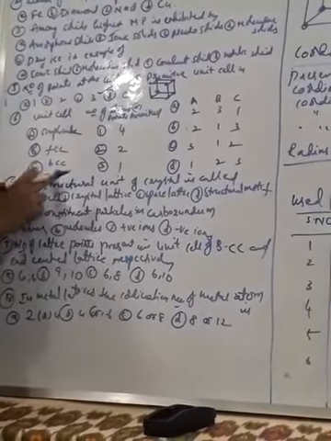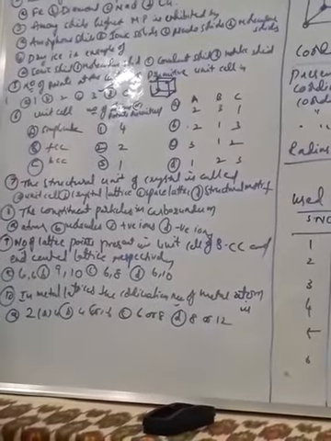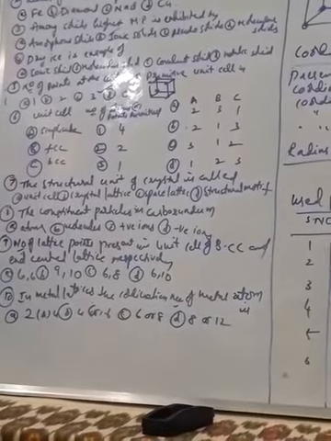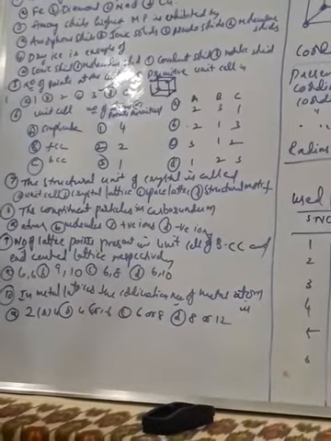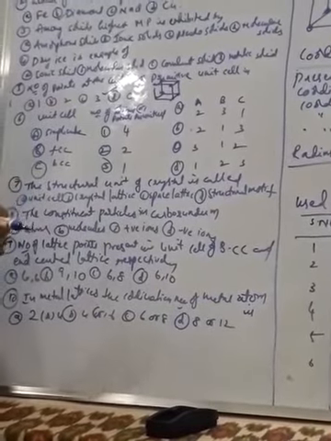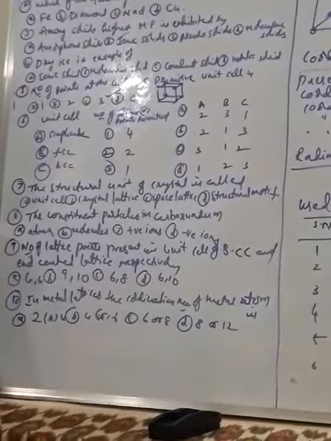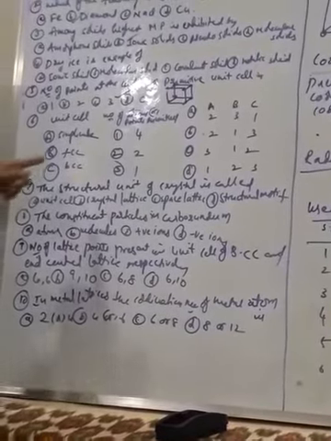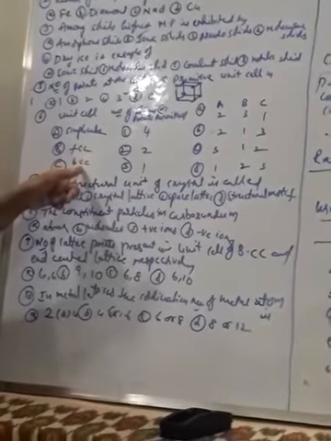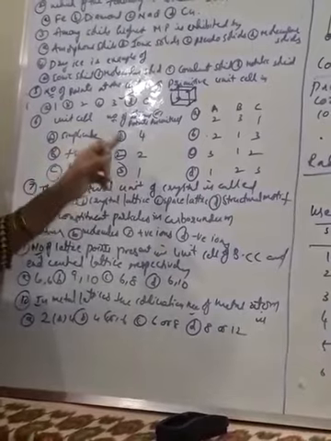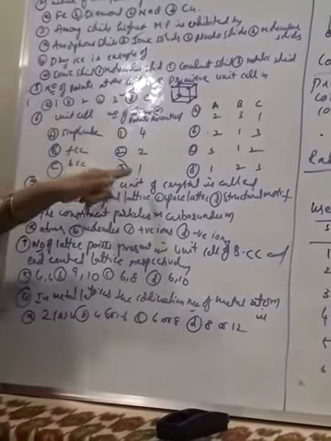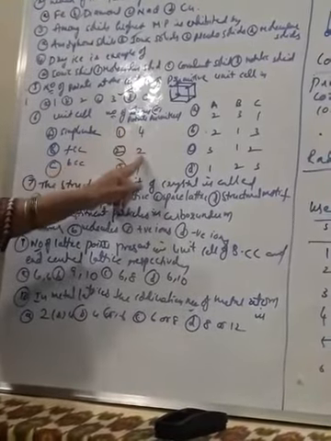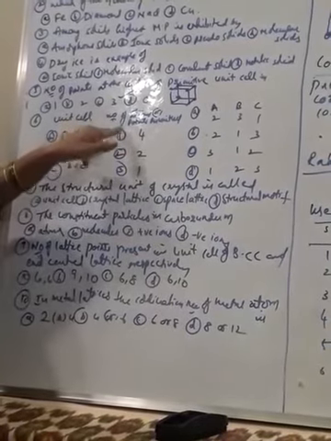And BCC has 8 corner points, and each corner point is shared by 8 unit cells, so 1/8 part belongs to that particular unit cell. That's why corner points per unit cell is 1 and center point is 1, so the total number of points is 2. So 1, 4, 2. So 3, 1, 2 is the option.